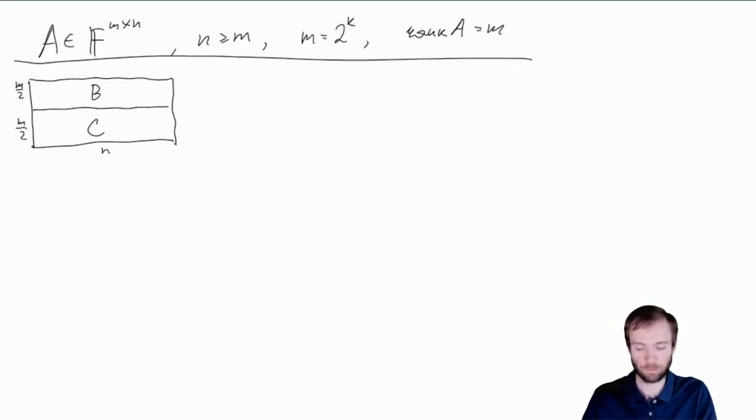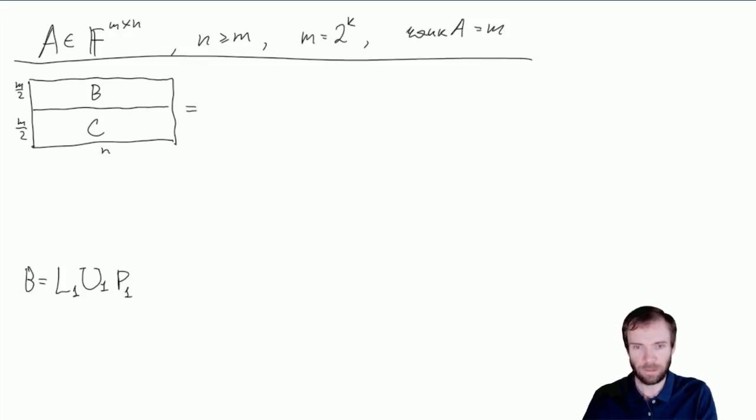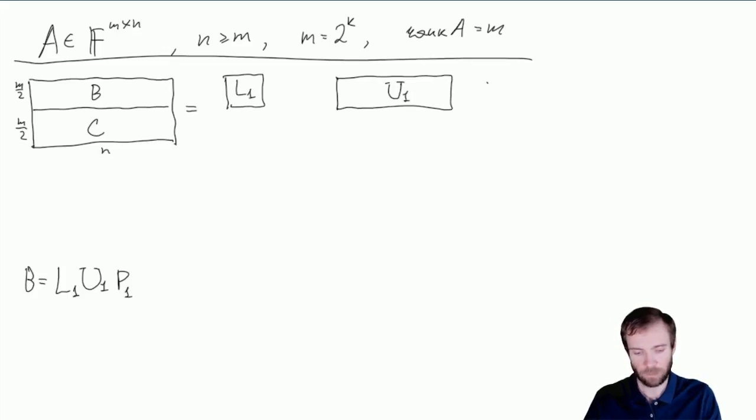And the first computation that we do is computation of LUP decomposition of B. So we now take B as a product of three matrices, L1, U1, and P1, and this can be done because if A is a matrix of a full rank, then B is also a matrix of a full rank, and so we can perform this decomposition. So the block B can be decomposed into the lower triangular matrix L1 multiplied by an upper triangular matrix U1 and multiplied by a permutation matrix P1.